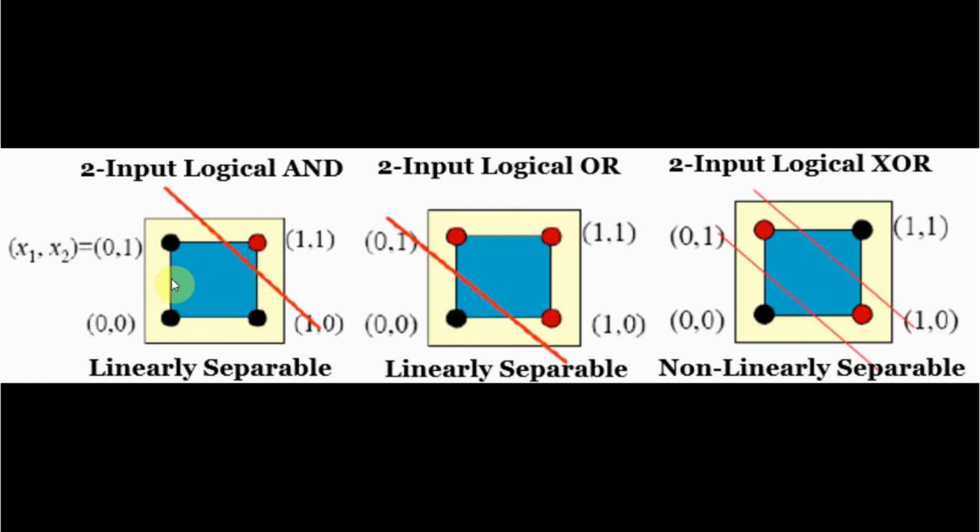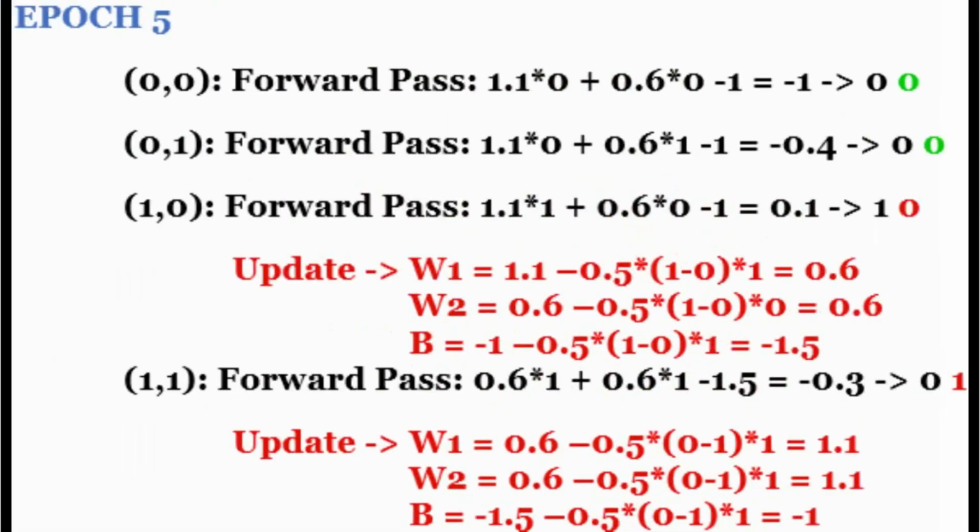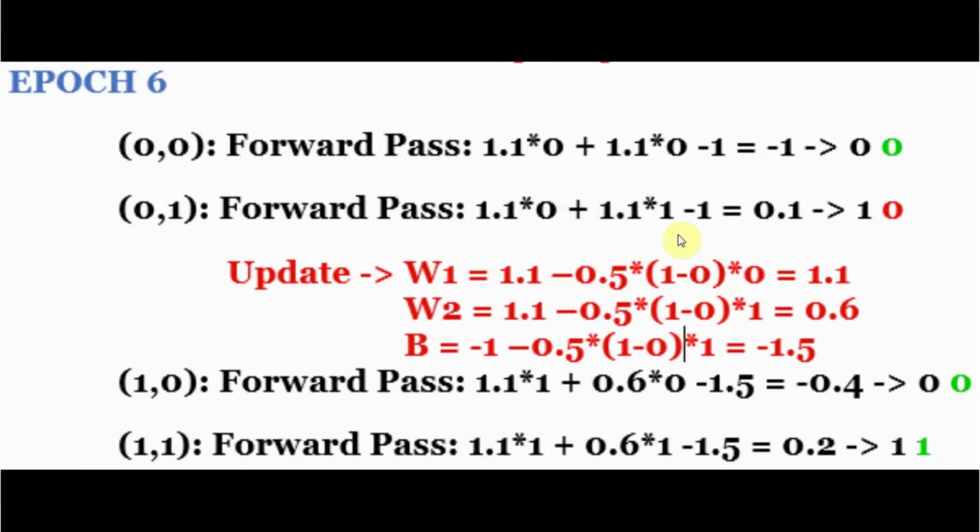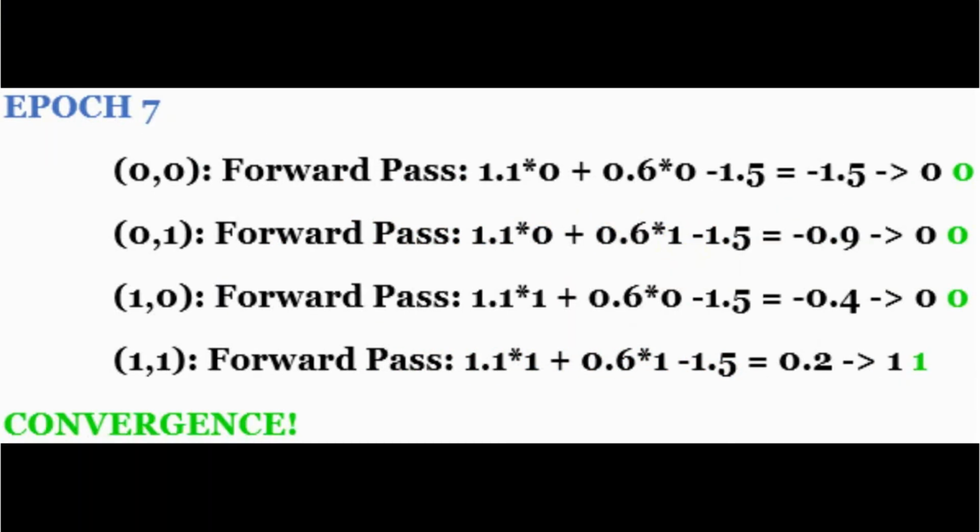And at the same time, the weights, when we add those together, need to be bigger than this distance in order to get a 1 here. And this is exactly what we observe. And we can see that when we go into epoch 7, we get a convergence, because when we take each of the input samples, we always get the target we want, and we learned our model and our perceptron is working. And we are ready.